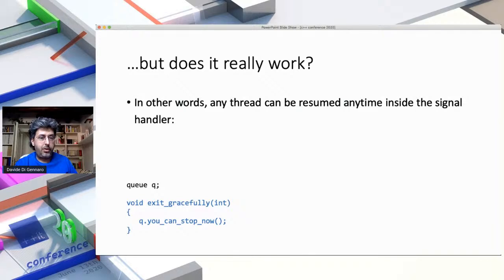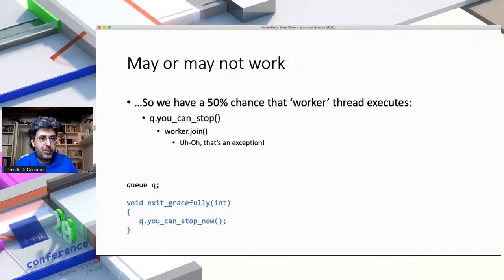So we have a 50% chance that the worker thread is delivered the signal. The worker thread itself will execute the signal handler. And because the queue is a global variable, it will try to stop it, which in turn will try to join itself. And this is our exception.